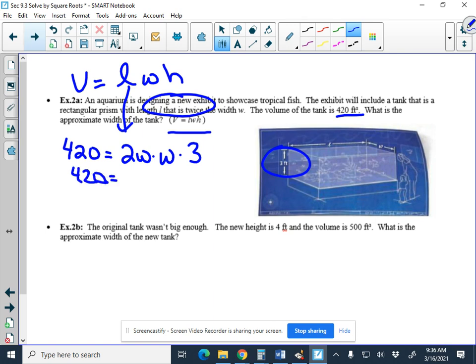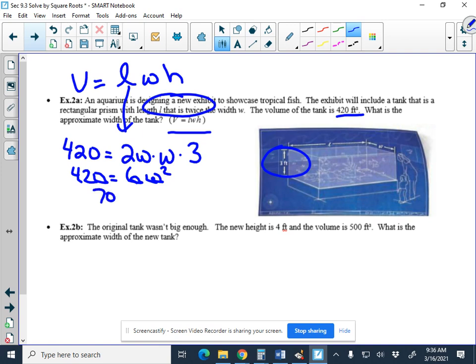420 equals 2 times 3 would be 6, and W times W. How could we rewrite that? W squared. Oh, now it looks like one of the problems we just got done doing. What are we going to do first? Divide by 6.